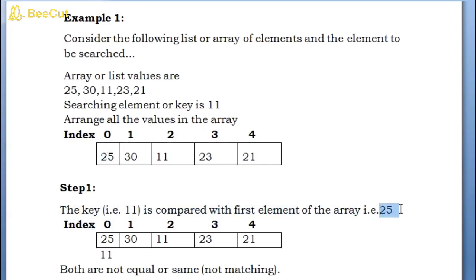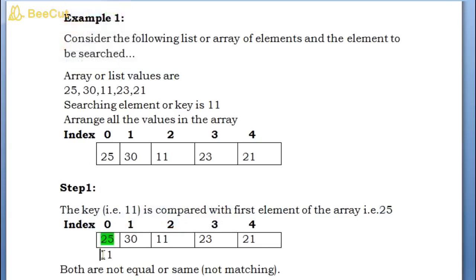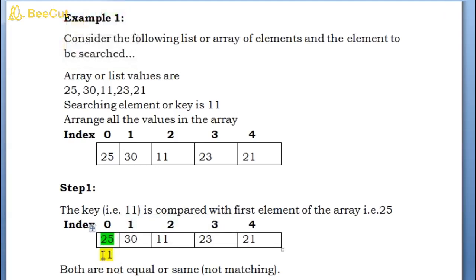So I compare the key value, that is 11, with the first element of the array, that is 25. Both are compared. The first value, in green color, is the array value, and the one in yellow color is called the key.